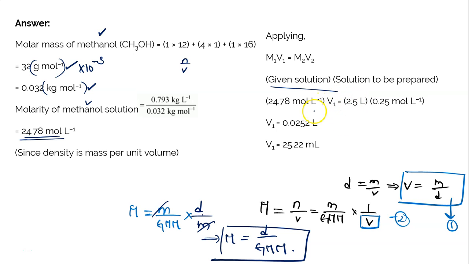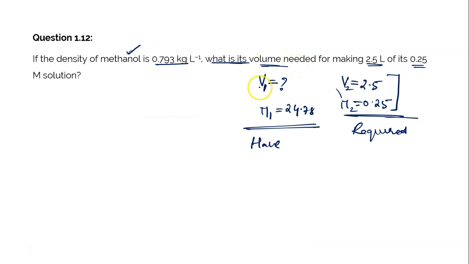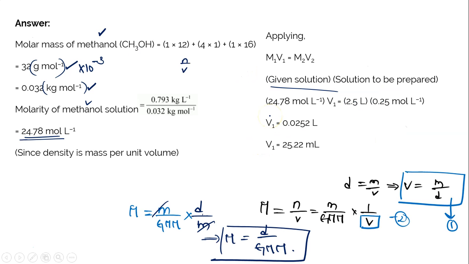So M1 is 24.78 substituted. V1 is what I don't know, so I'm leaving it as V1. V2 is 2.5 and M2 is 0.25 moles per liter.